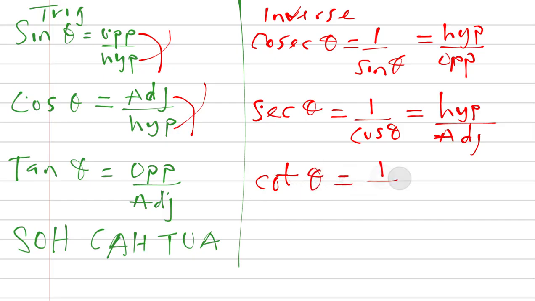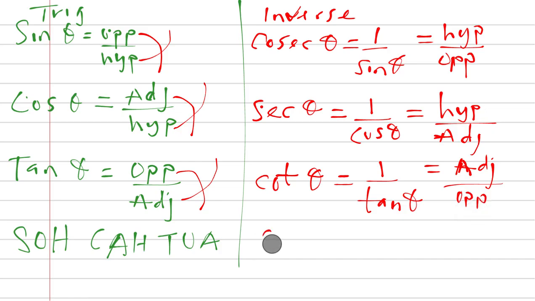That's 1 over tan theta. This will come down, this will go up. So that will be adjacent over opposite. I said that the abbreviation for this particular function is what we are looking at.